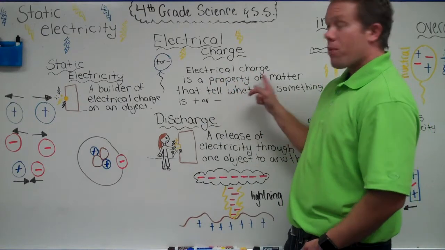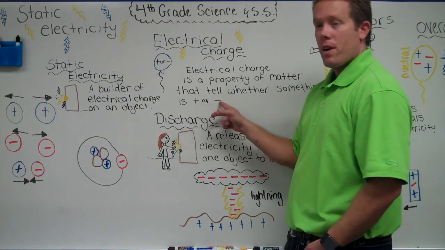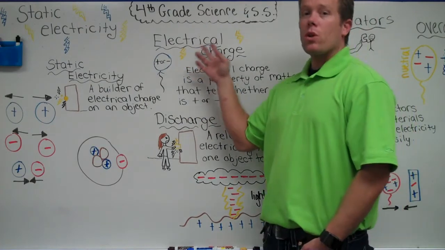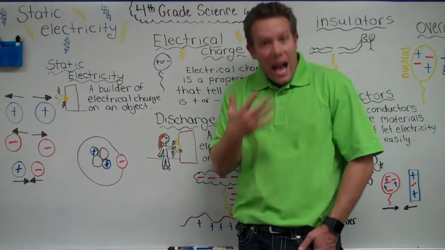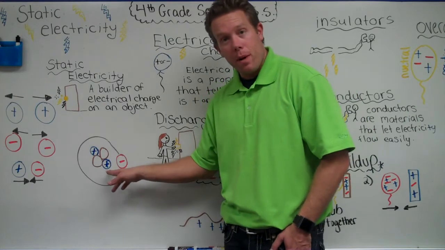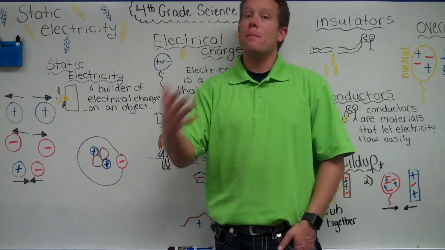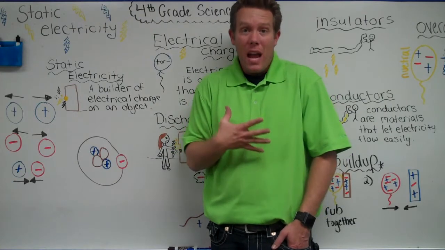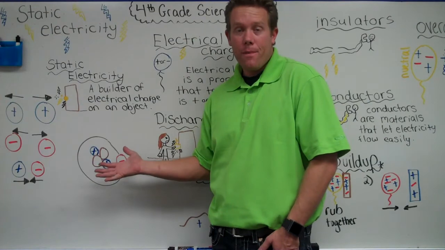Electrical charge is a property of matter that tells you whether something is positive or negative. Because matter is made up of atoms, and atoms have positive and negative charges, anything that is made up of matter has an electrical charge, whether it be positive or negative.